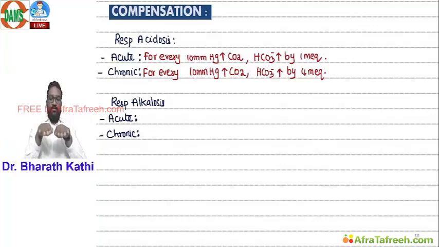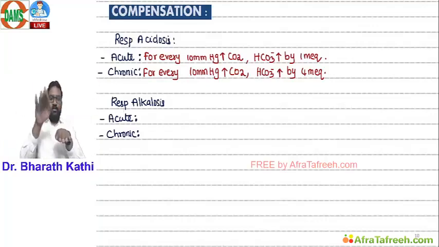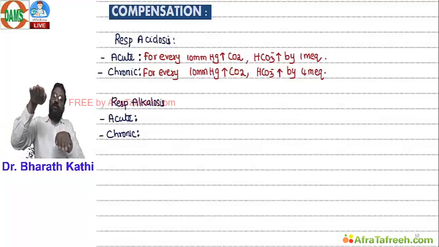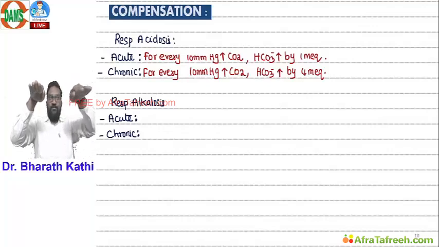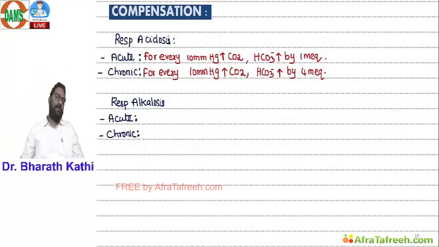If CO2 increases from 40 to 60, for 10 it is 4, for 20 it is 8, 26 plus 8, 34. If your body has made bicarbonate 34 from 26, it has given an adequate compensatory response.